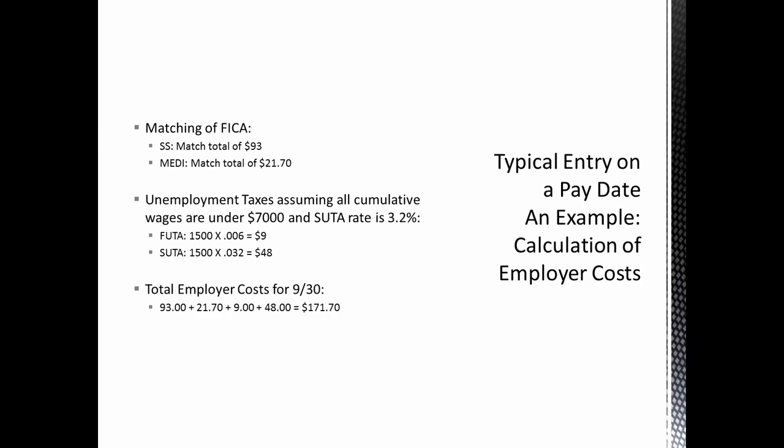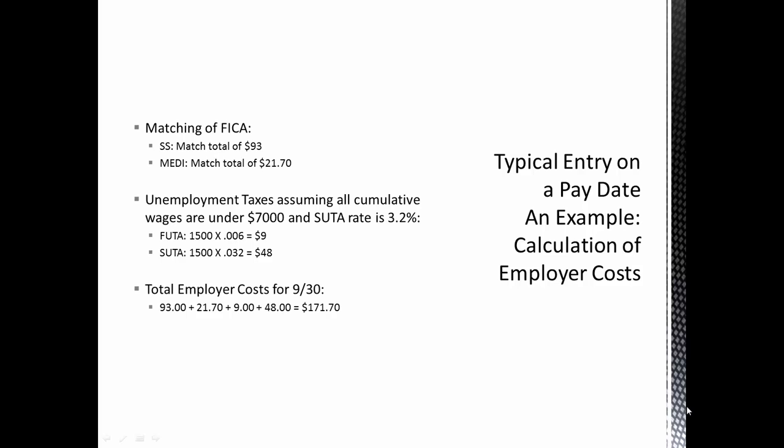Now, here are the calculations for the employer costs for this particular payroll. We had to match the FICA, so we're going to match the $93 of Social Security and the $21.70 of Medicare. Then we had to calculate unemployment taxes, and we're going to assume that both John and Mary are under the $7,000, and that the SUTA rate is 3.2% for this company.